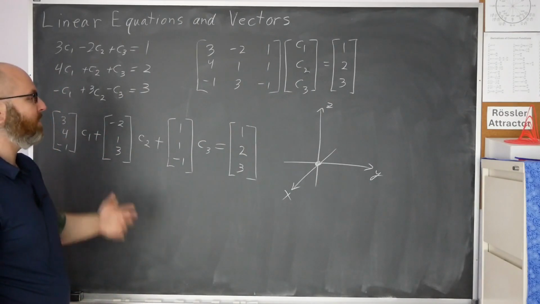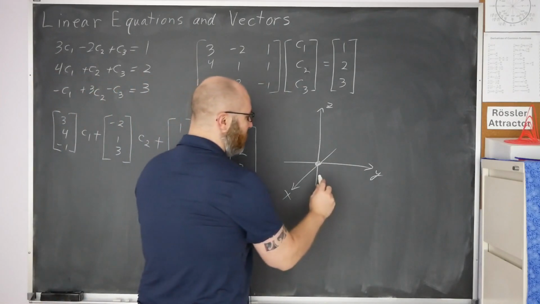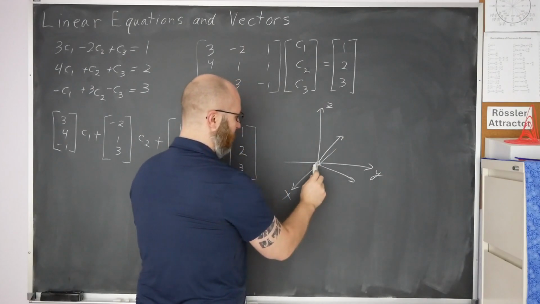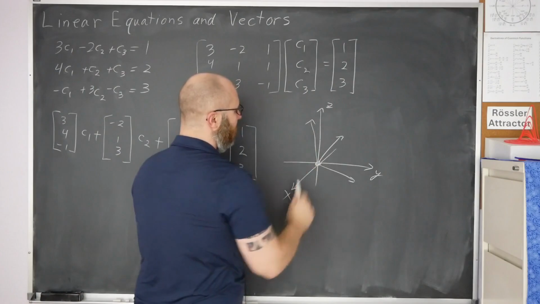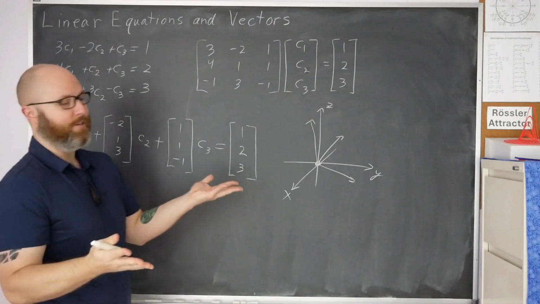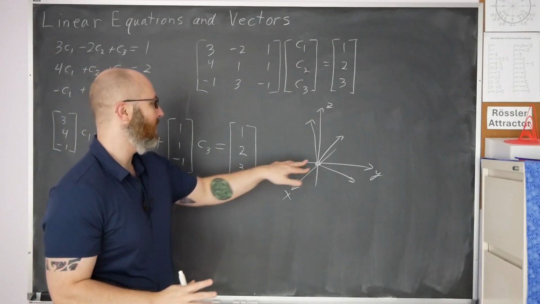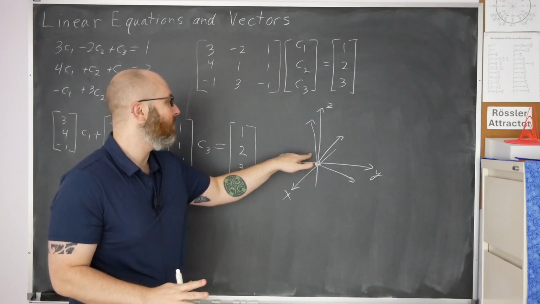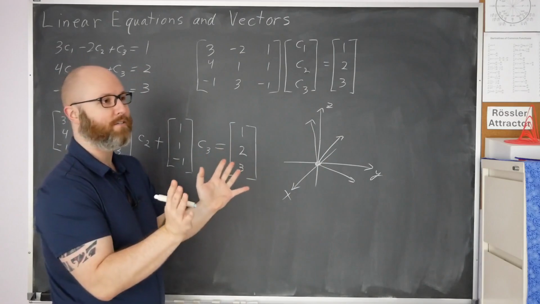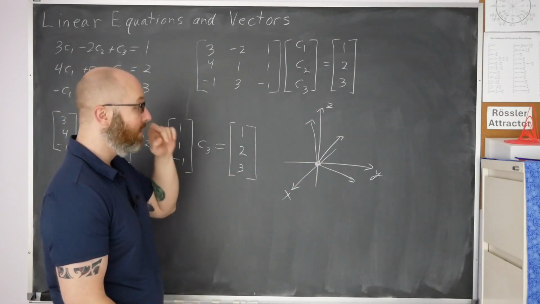I don't know exactly where they point. I'm just going to draw some vectors. So let's say we have one going that way, one going that way, one going that way. I don't know. They all go in some unique direction. All right, so meaning that you can't create a third vector from the other two. They're all unique somehow. You can't create one of them from the remaining two.